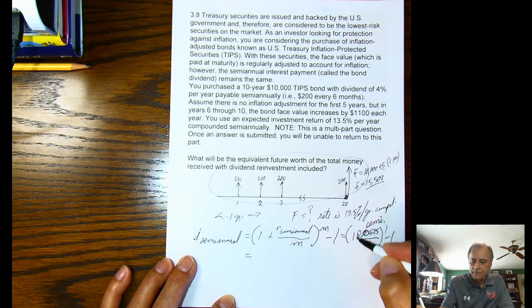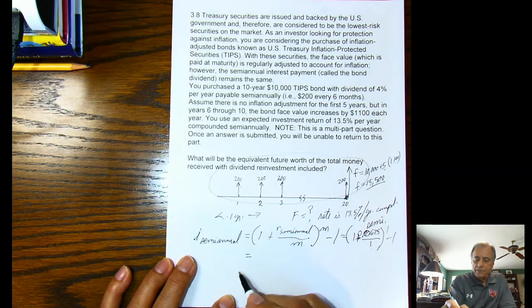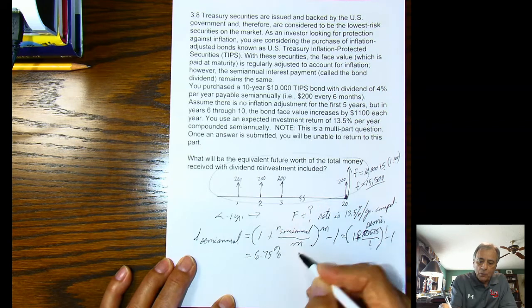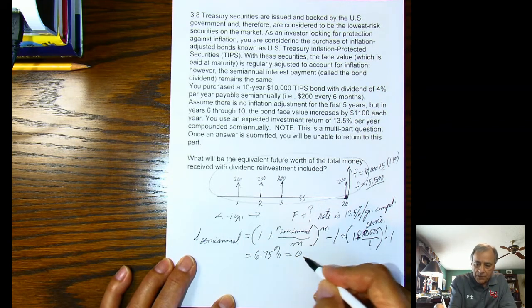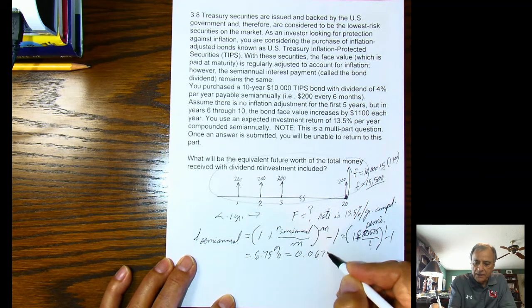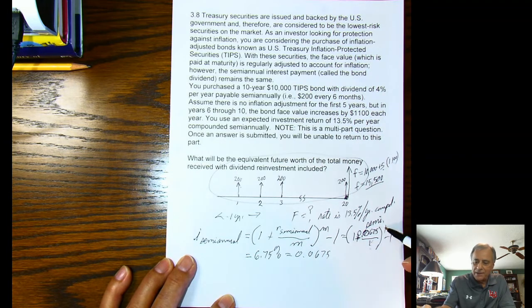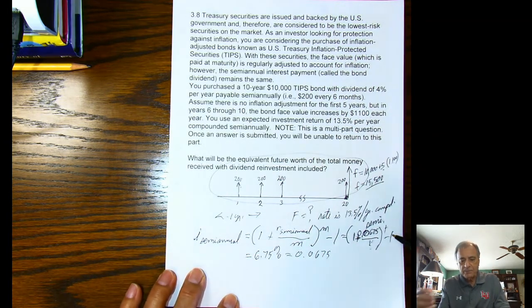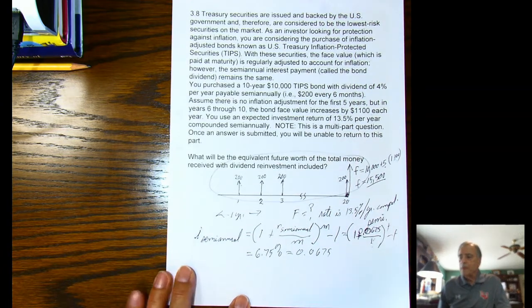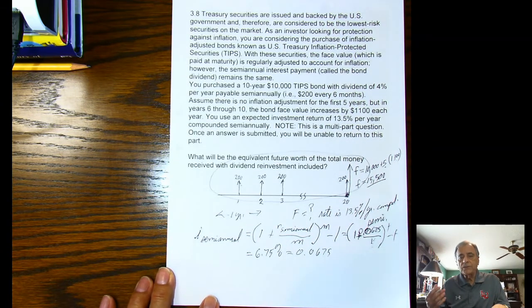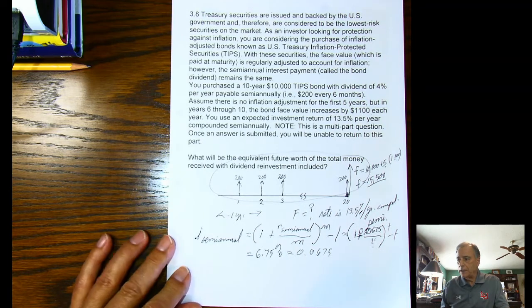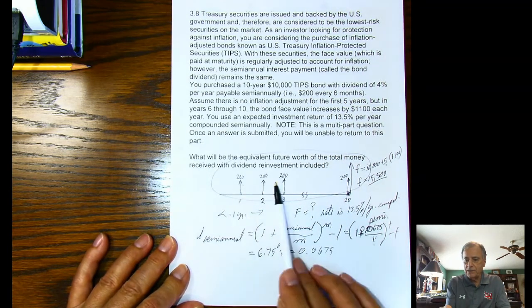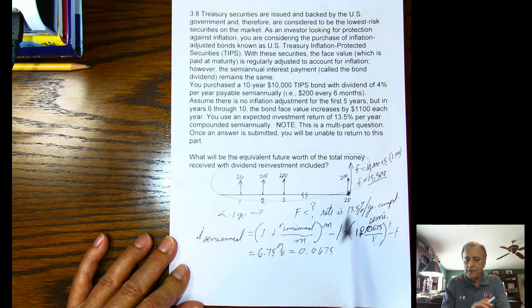So this is 6.75%, or as a decimal, 0.0675, because you're dividing by 1, raising to the 1 power, not changing anything, adding 1 and subtracting 1. So now we're going to get the future value of this cash flow at this rate. This is the semi-annual rate. These are semi-annual payments. There are 20 of them.